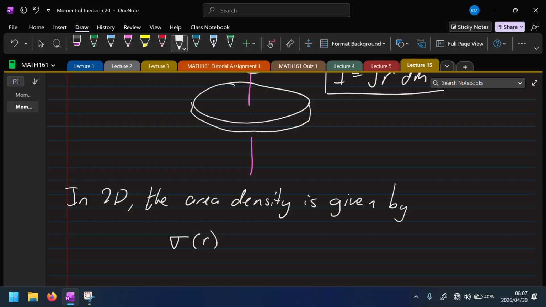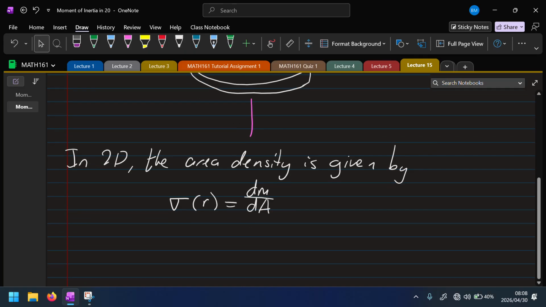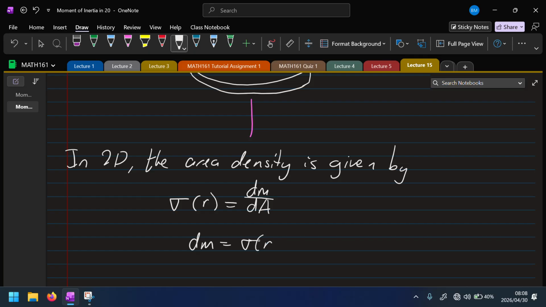This is defined as dm by dA, the change in mass over the area, because it's 2D, it needs to be the area. So with a little bit of rearranging, dm is going to be sigma of r dA. Now, what we need to figure out is this dA here. What's the area dA?